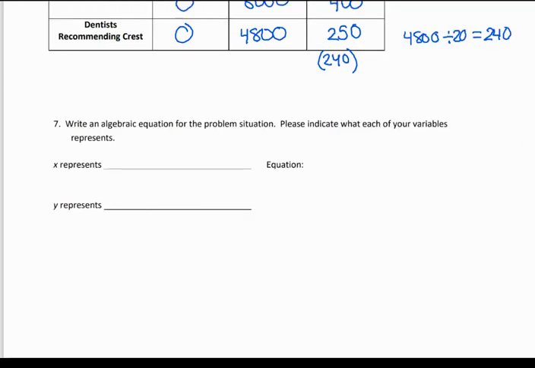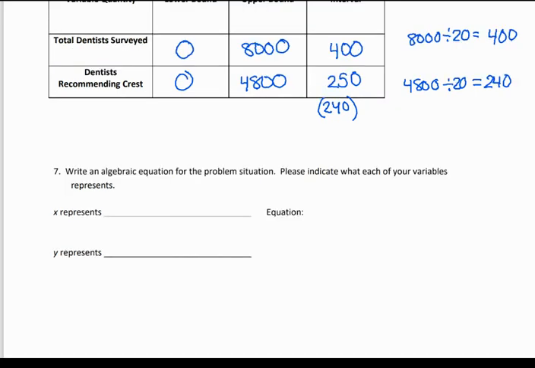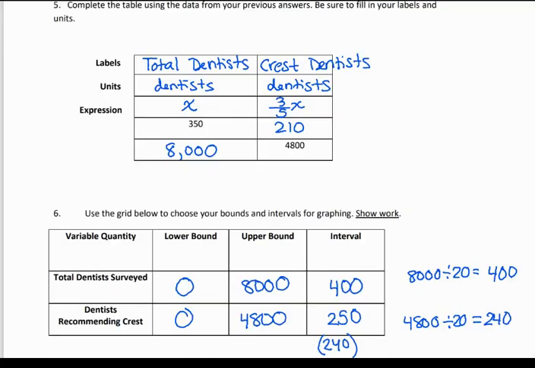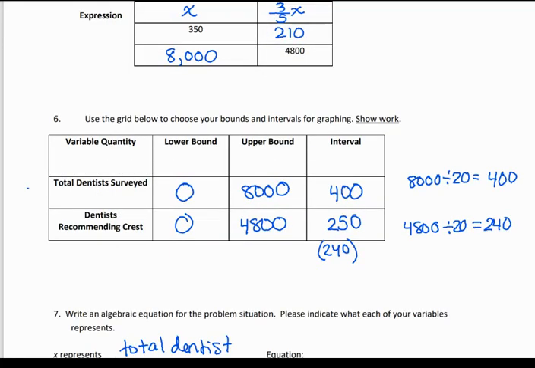All right. Number 7. Write an algebraic equation for the problem situation and let's define our variables. Everybody should be able to define these variables, no problem. X is my first column, Y is my second. So what did we say X is going to be? Right, total dentists. Okay, we see it in 2 spots. We see it on number 5 and we also see it on number 6.